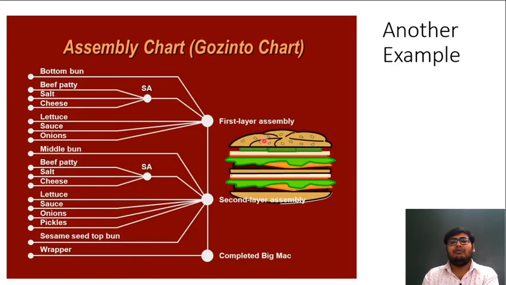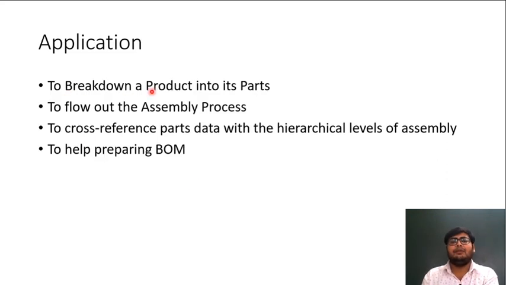If we have this Big Mac as a product, and we want information about which parts are to be used in this product, then we can analyze this Gozinto chart or assembly chart, and we can say that all these parts will be needed in our product. So it will help in breaking down the product into its parts.